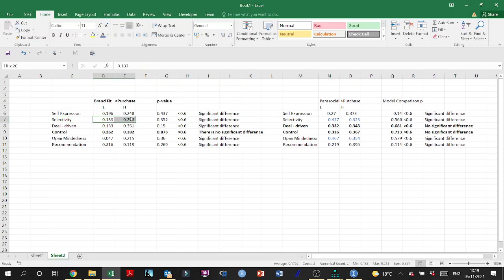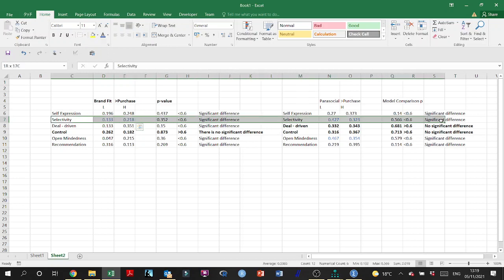It is the other way around here. So I'm going to put it just in blue also. With selectivity, basically, when you are high on selectivity, this means that the brand fit and the parasocial relationships impact isn't as high compared to those who are low on selectivity.